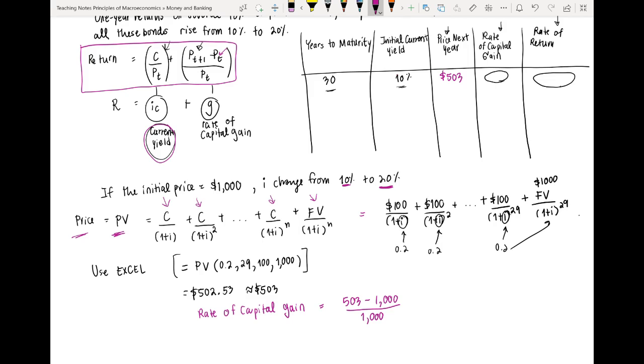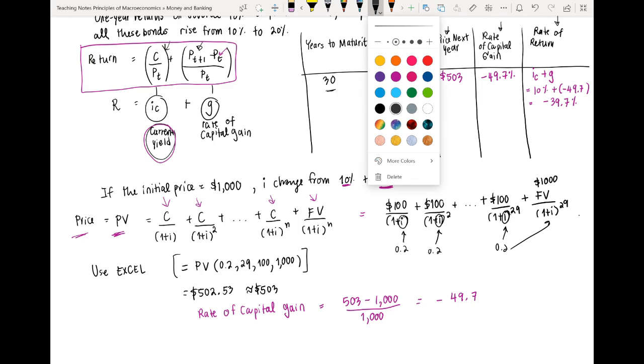It's negative 49.7%, right? The rate of return come from current yield, i_c, plus rate of capital gain. That is 10% plus negative 49.7. So the net will be negative 39.7%.